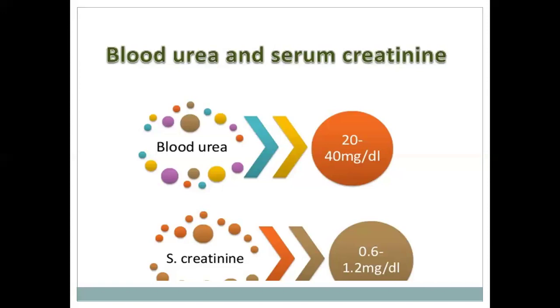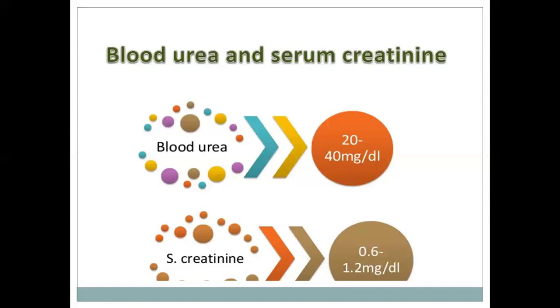In addition, variable amounts of back diffusion will influence both plasma and urinary urea excretion. The measurement of urinary urea has little place in clinical diagnosis and management. However, it provides a crude index of overall nitrogen balance.